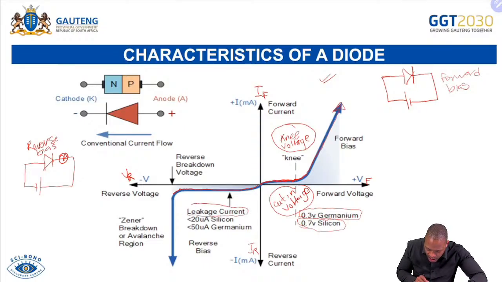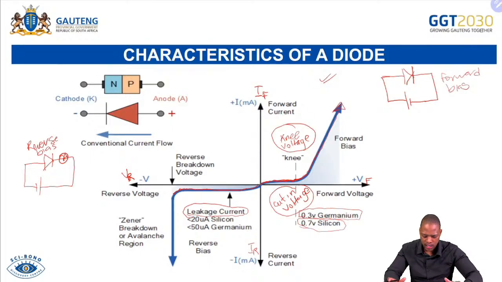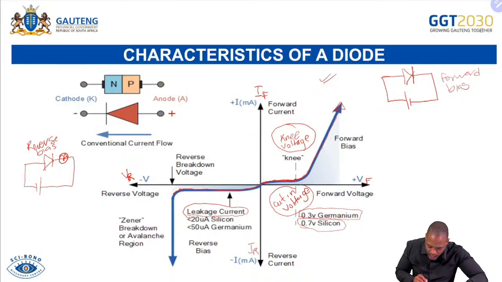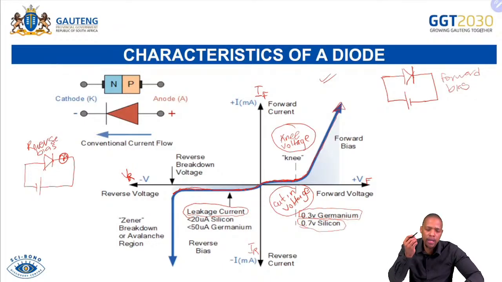It's the leakage current. It's as if current is leaking. If you want to understand, there's a small current leaking there that is not supposed to be leaking. This is the current that is shown by the characteristics of a diode here. It's so small that it can be neglected.